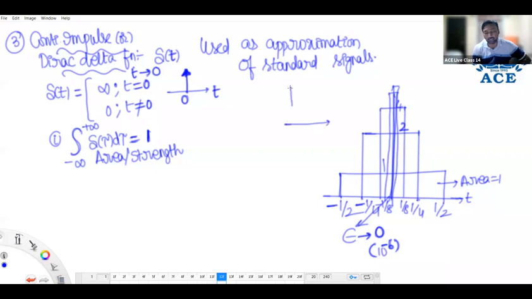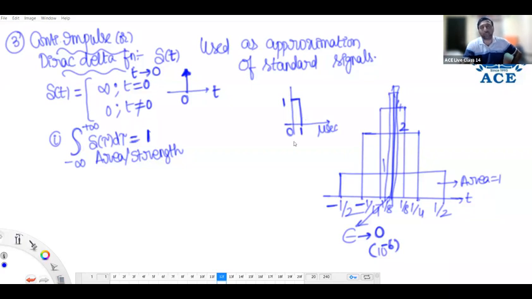Practically in the lab, a small 1 microsecond duration rectangle itself we feel like the physical form of the impulse, because we cannot recognize this gap thoroughly.